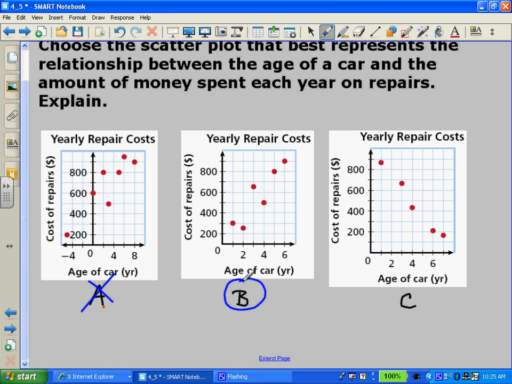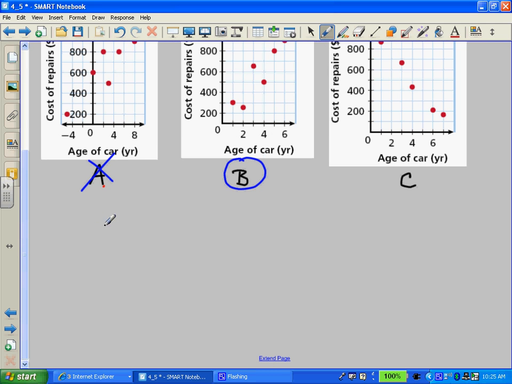Typically, the longer you have the car, the more things are going to break and the more you're going to have to spend. So notice here that it says to explain our answer. So we would choose graph B and we would say some sort of explanation like the older the car, the more repairs you'll have to have.